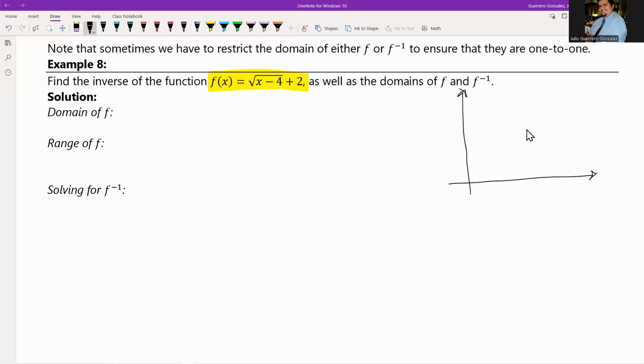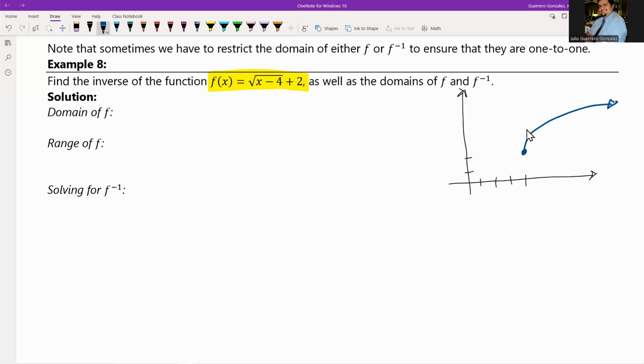So one of those single swooshes, right? I'm going to move it over to the +4 and up 2, right? So this is what it's going to look like. 1, 2, 3, 4, 1, 2, right there, and then it's going to do a swoosh from here. So it's going to do something like this, whoosh, right?